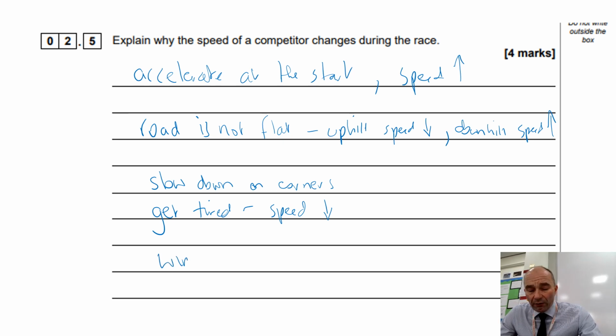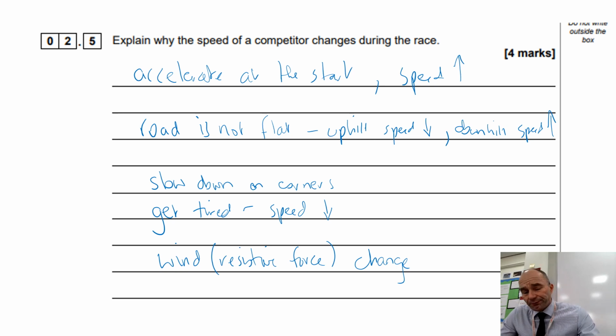The wind's direction may change. So the wind is an example of a resistive force. So the resistive forces, the wind, may change during the morning of the day of the event. So if you've got a tailwind, your speed's going to go up. If you've got a headwind, your speed's going to go down.